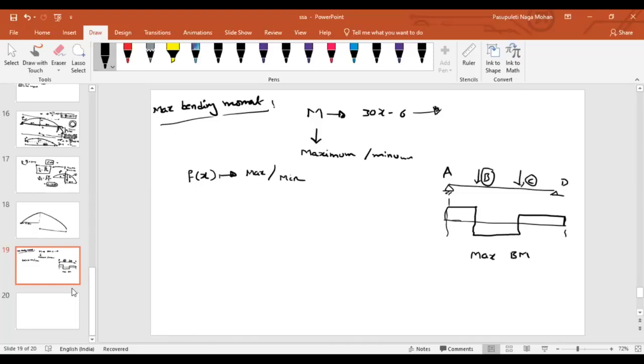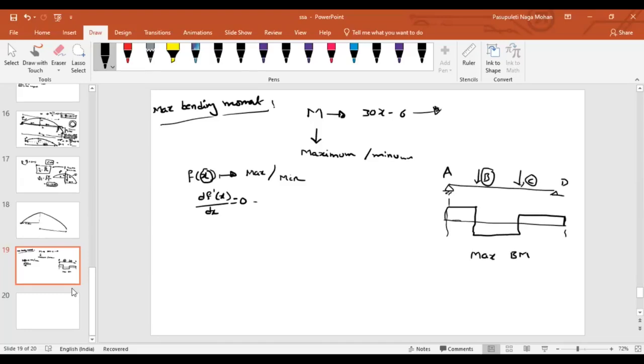At the point of maximum deflection, what do you think the slope is? At the point of maximum deflection, what is the slope? 0, sir. 0. It's not only true for moment, it's not only true for deflection, it's true for any function. If you take any function and differentiate that function, f dash of x, that is, d by dx of the function in terms of x, will be equal to 0.